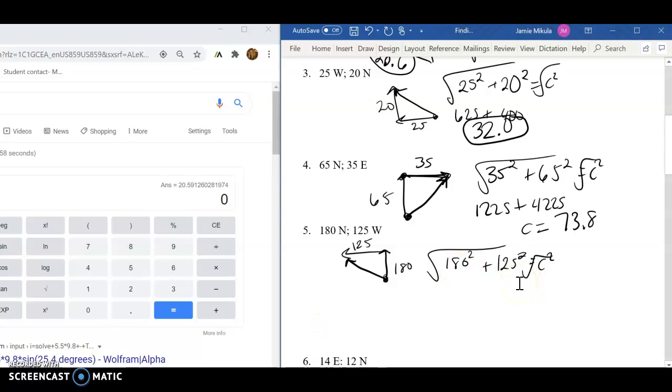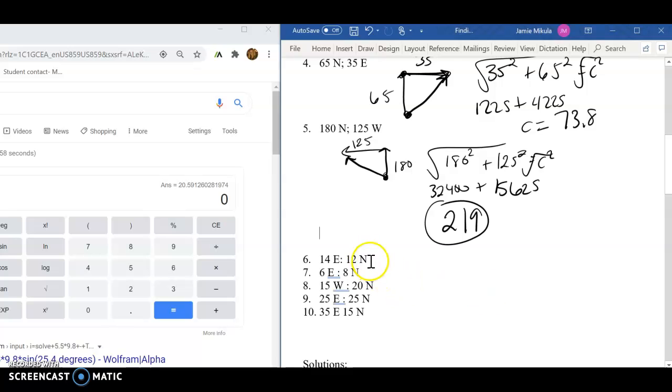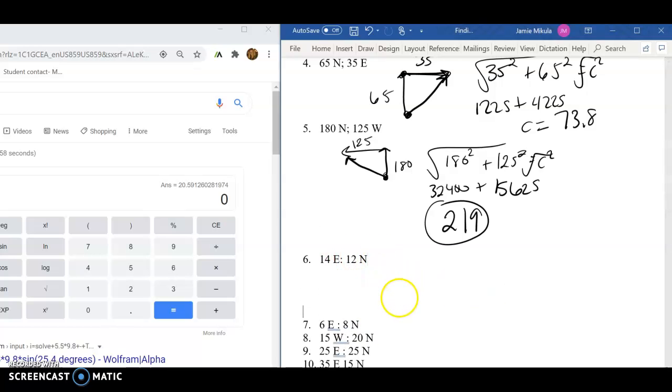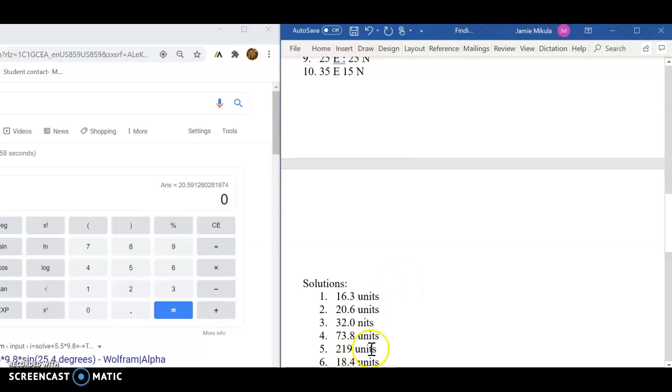Using my calculator, 180 squared is 32400 plus 125 squared is 15,625. Add those two things together and take the square root of that number, and you get 219. Okay, for number 6, just check our answer for that one, 219.